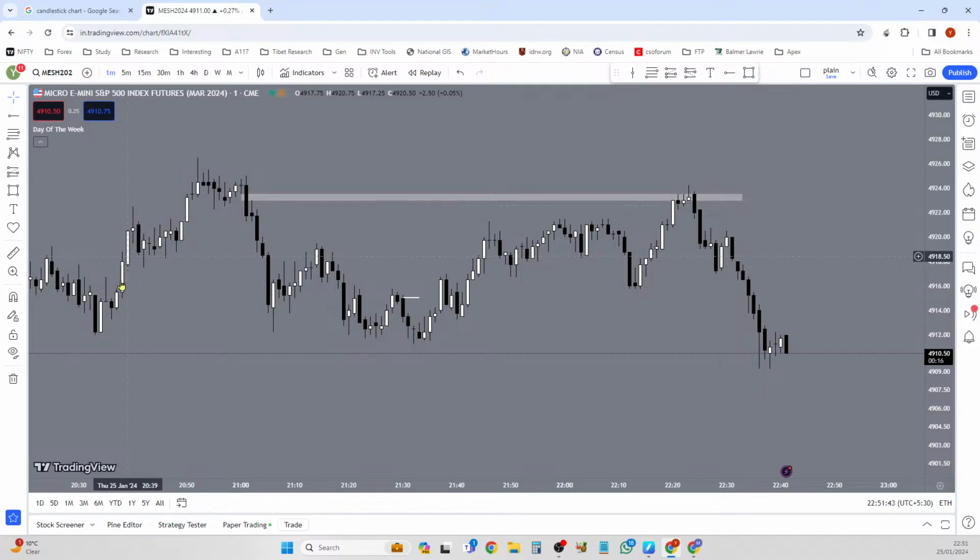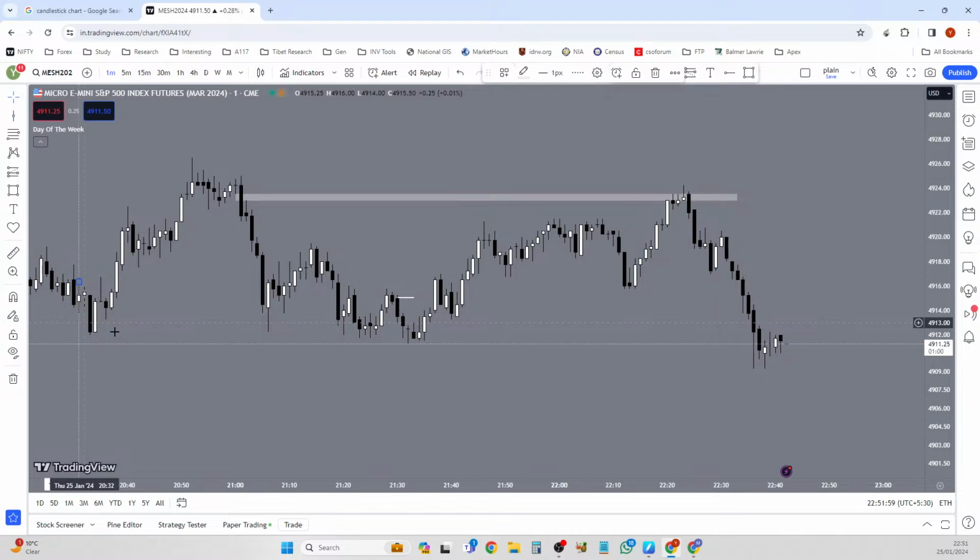If I was watching a 2 hourly chart from 8:30 to, let's say, 10:30, I would not have been able to predict what I just did in front of you because the resolution is missing. I do not see this particular place.